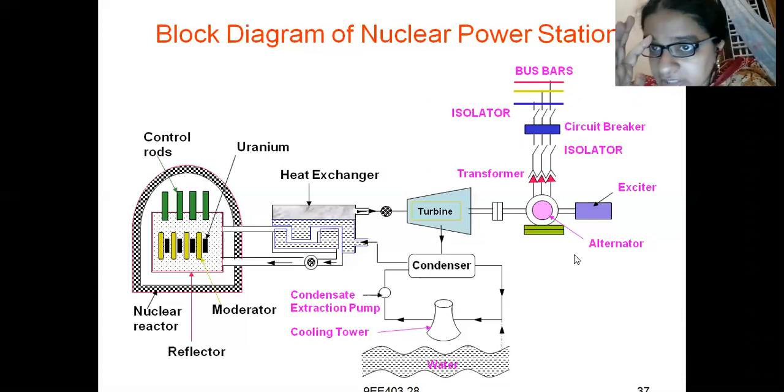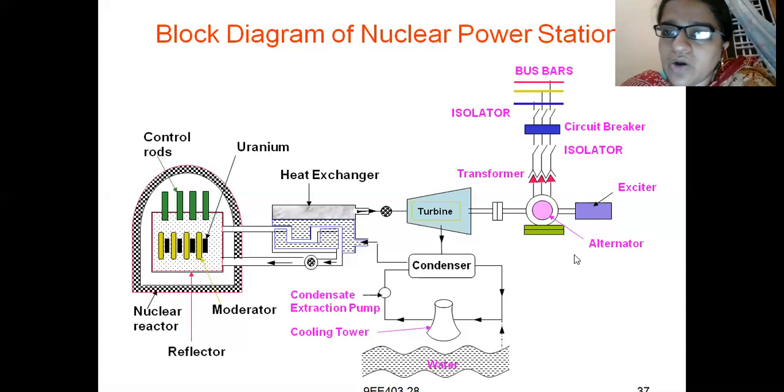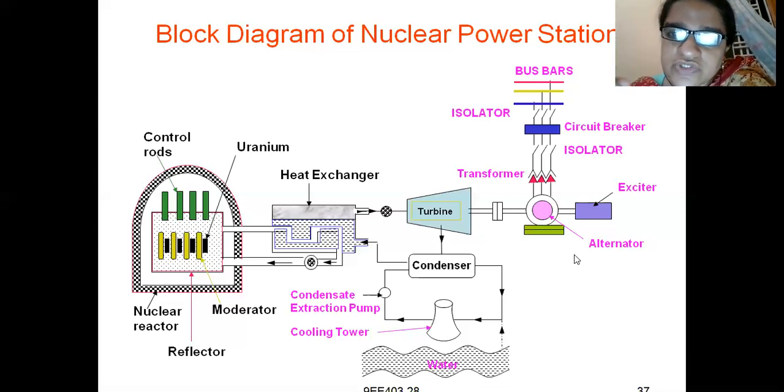At that transformer they will step down the voltage, and whenever it gets down to 415 volts, a direct line will be given to industrial applications, because they require a three-phase supply. If we want a single-phase supply, each single phase will be given to a distribution transformer and supplied to domestic loads.